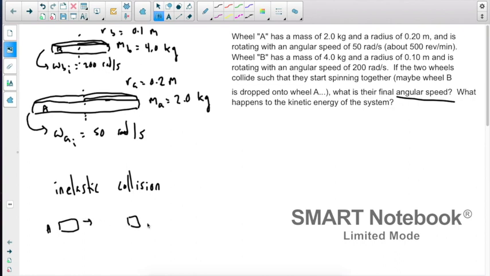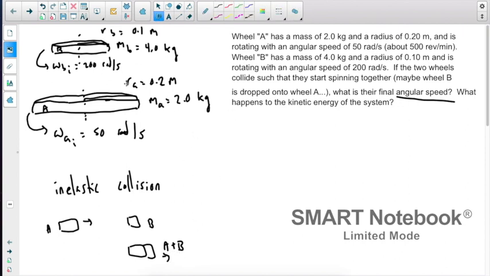We have another object B that's maybe stationary, we'll say that it's motionless. And then after they collide, what do they do in a perfectly inelastic collision? Yeah, they stick together, A plus B, and they have some common final velocity, right?